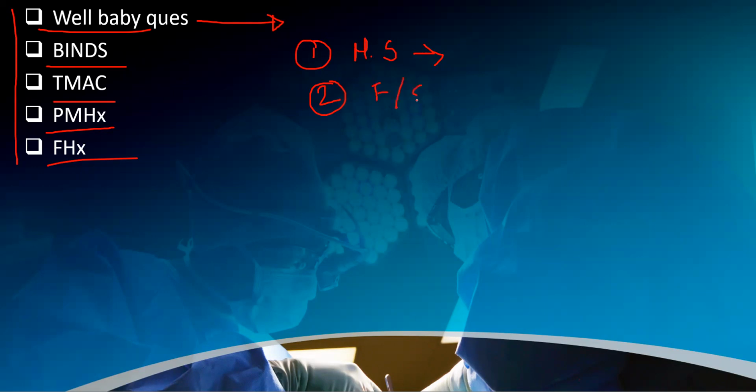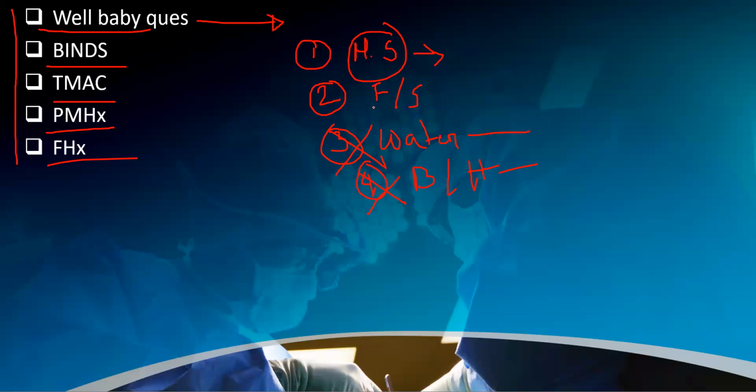So feeding and sleeping. Third is waterworks. Four is bowel habit. Now you already asked waterworks and bowel habit, so you don't need to ask it again. So the only thing you can ask is, is the child active, alert, or drowsy? Is he feeding and sleeping well?